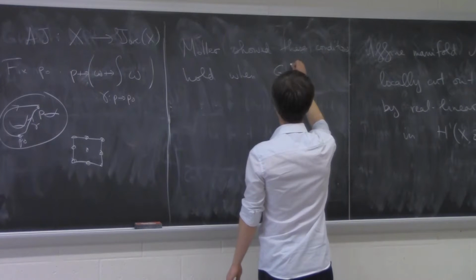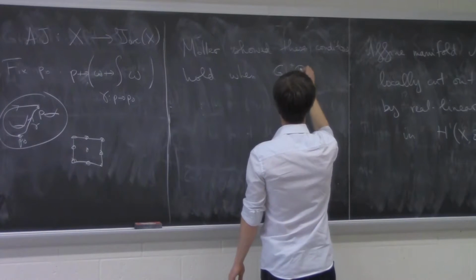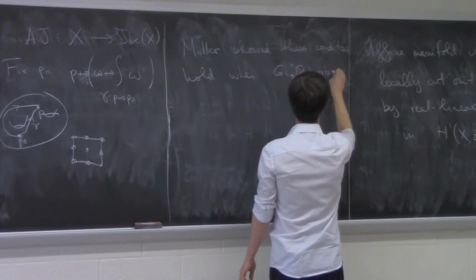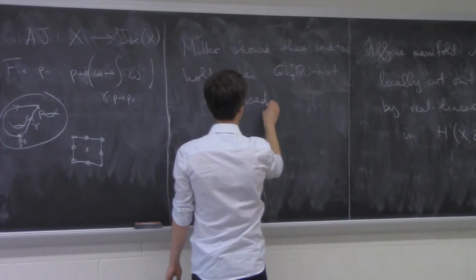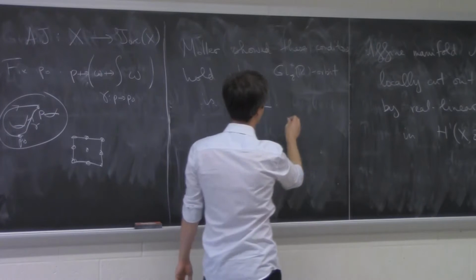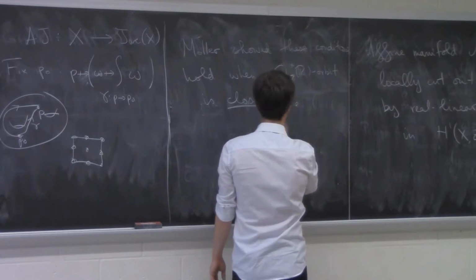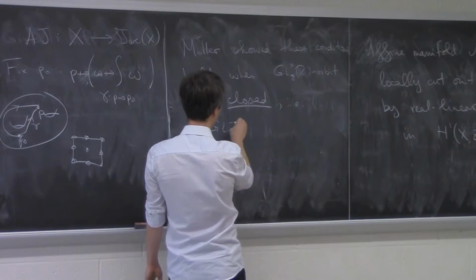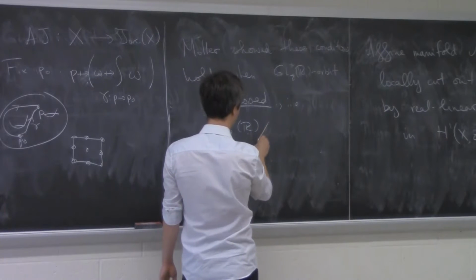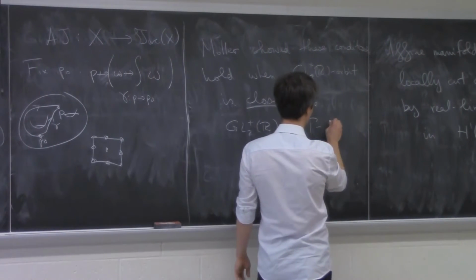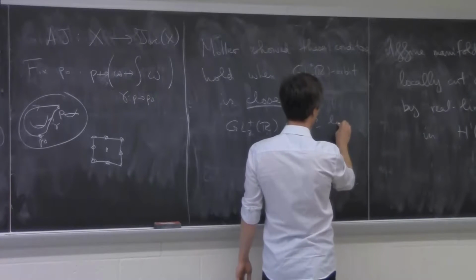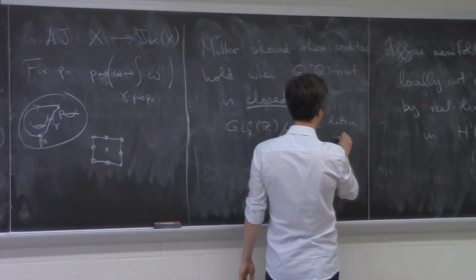This GL2 plus R orbit is closed. So in what sense closed? In the sense that you have some very large stabilizer, gamma, where gamma is some Fuchsian group. So gamma is some lattice in SL2R.